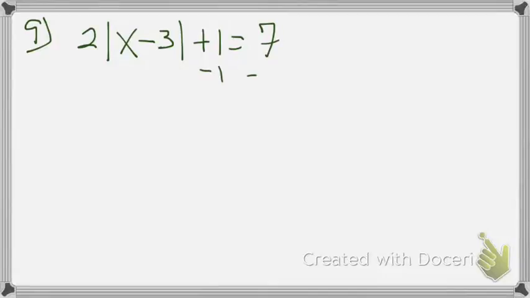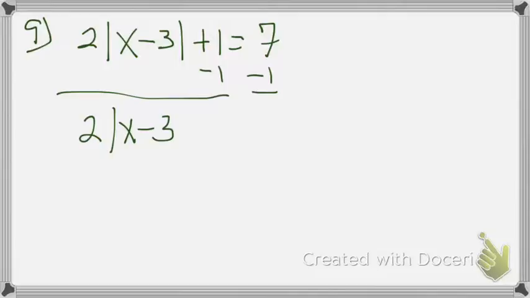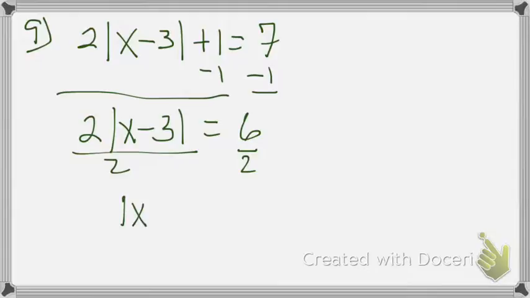Let's solve number 9. 2 times the absolute value of x minus 3 plus 1 equals 7. Equals 6. So the absolute value divided by 2, the absolute value of x minus 3 equals 3.